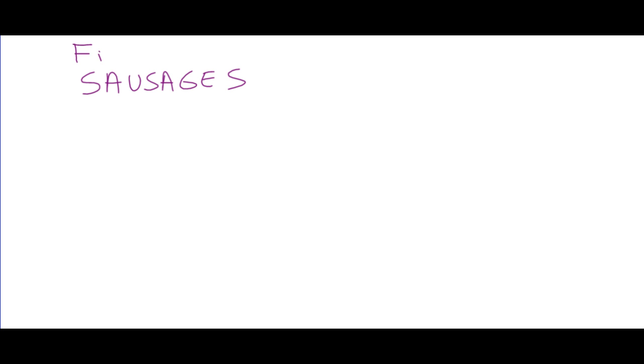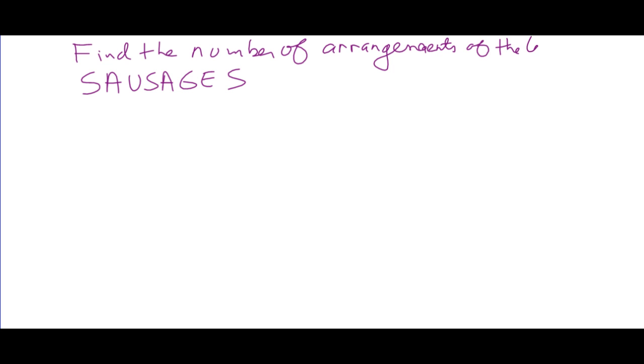So find the number of arrangements of the letters in sausages. All right, and now we're going to put down some scenarios, right? We have to sit down and decide. All right, how are we going to handle this?